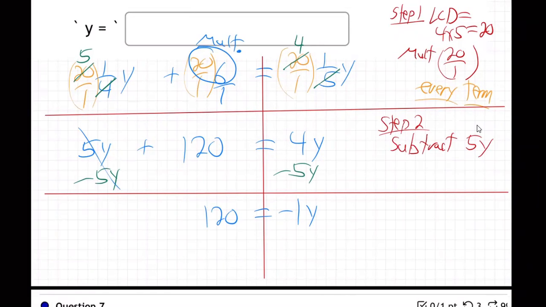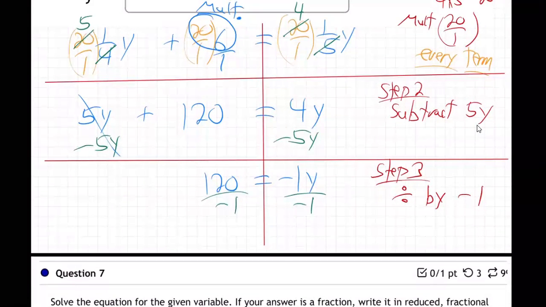And step number 3, divide by the minus 1. So divide both sides by the minus 1 on both sides. And so these cancel. Y is alone. Doesn't matter that we got it on the right side, left side, whatever.